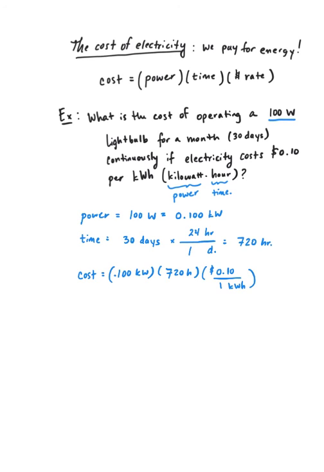Our units of kilowatts can go away. Our units of hours can go away, and we'll be left with just a cost unit. 0.1 times 720 times 0.1 is $7.20. It costs $7.20 to operate a single light bulb, a 100-watt light bulb, continuously for an entire month.